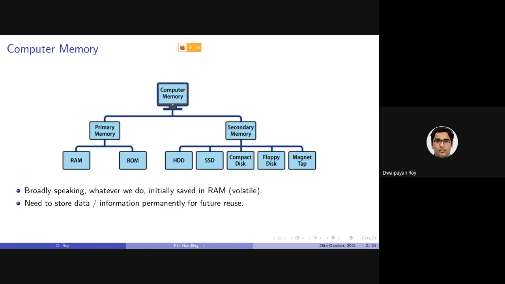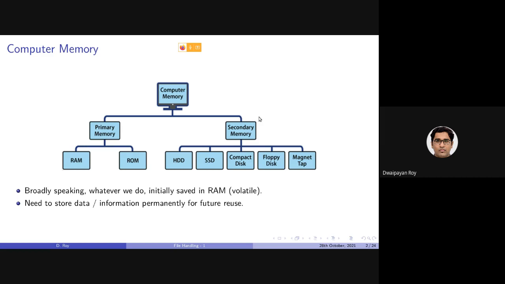So we need to store the information permanently in a certain place where the information will be retained on system shutdown or the termination of the code as well. And the solution is the secondary memory.